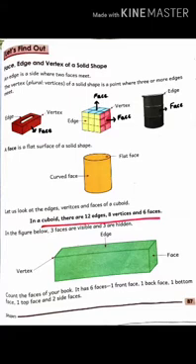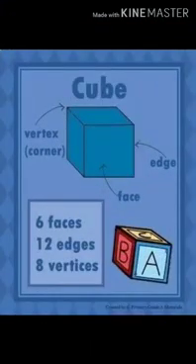Now dear students, can you tell me what is an edge? Edge क्या होता है? Yes, an edge is a side where two faces meet. Edge वो side होता है जहाँ पे two faces मिलते हैं, जहाँ पे two faces meet करते हैं, उस लाइन को हम edge बोलते हैं.